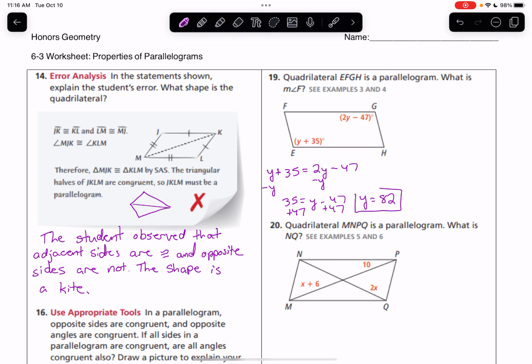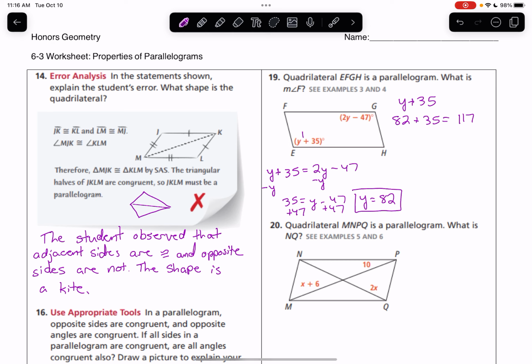Once we know that y equals 82, that's not the answer, because we need to know what the measure of angle F is. So the first thing I'm going to do is find the measure of angle E. I'm going to say y plus 35 is the same thing as 82 plus 35. And that is going to be, let's see, 117.